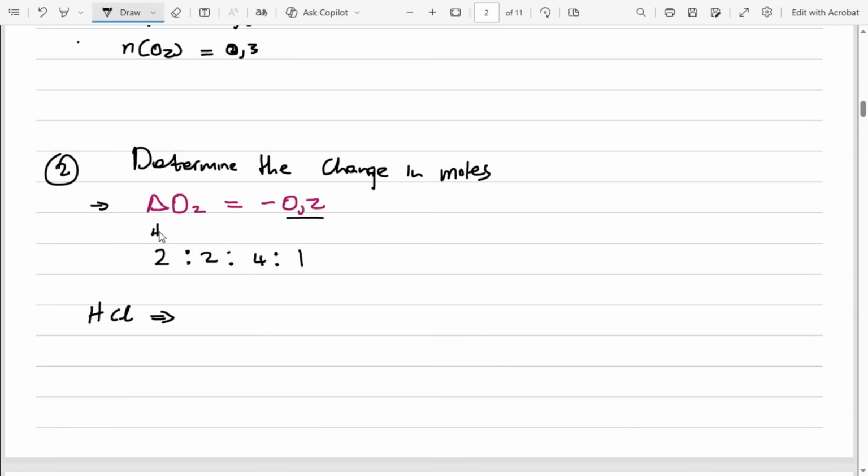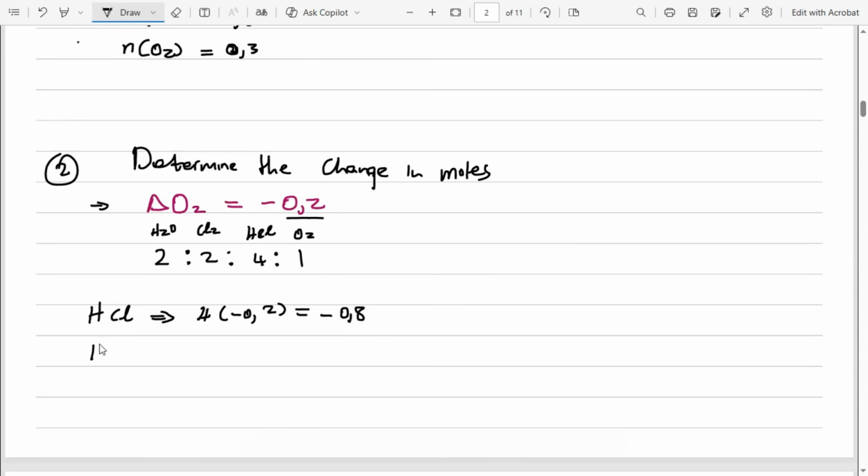This is for H2O, this is for Cl2, this is for HCl, and this is for O2. The HCl will change with 4. You multiply the 4 by negative 0.2, which gives us negative 0.8.